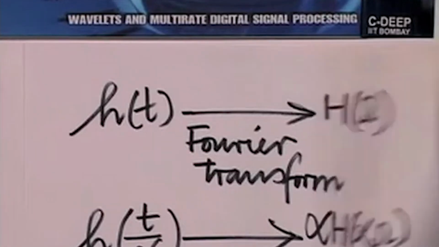But coming back to the point then, what H omega by 2 essentially means, with a factor of half outside, is a dilated version of this train of impulses.